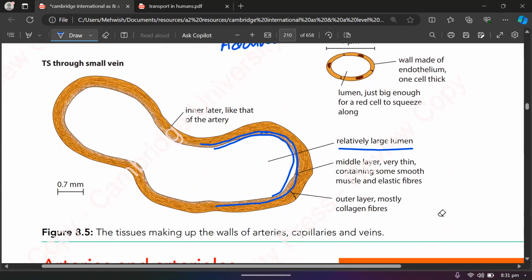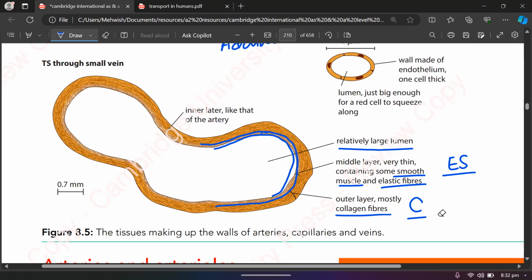In the middle layer, there are smooth muscles present. There are elastic fibers present, but there is no collagen. So E is present here, but no C here. And here, only C is present, that is collagen. This is the way you can memorize which layer has what kind of tissues or fibers in it.